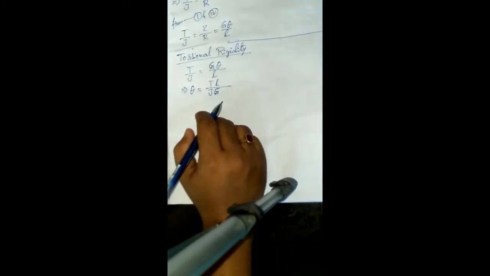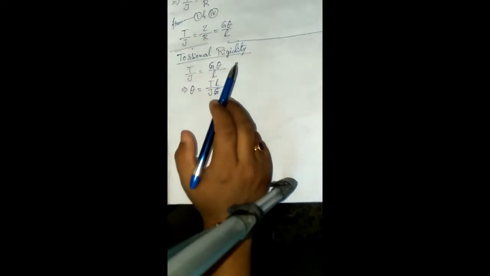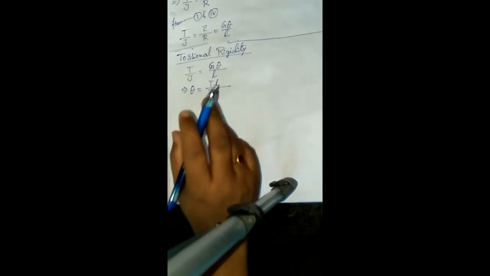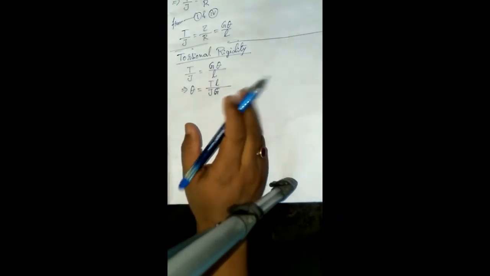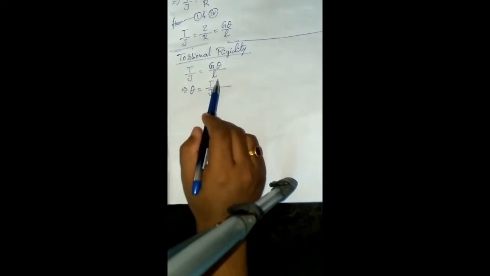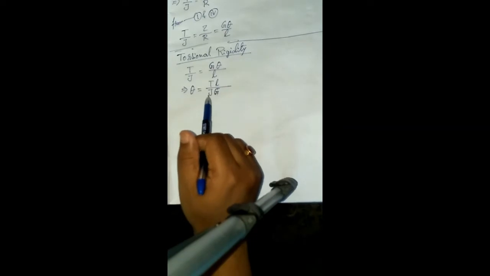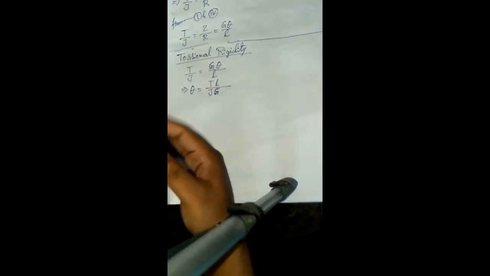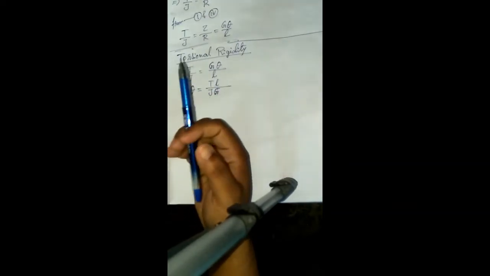Here G, L and J are constants for a given shaft. G is the rigidity modulus of the shaft material, L is the length, and J is the polar moment of inertia, which depends on the diameter or radius.